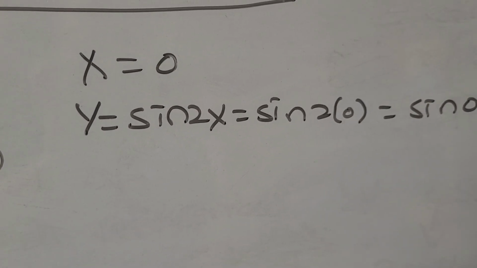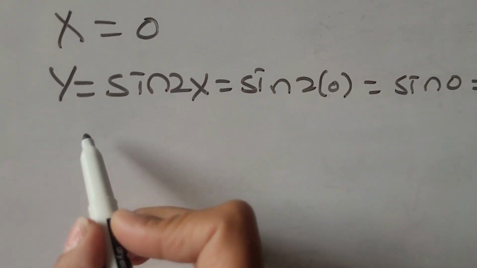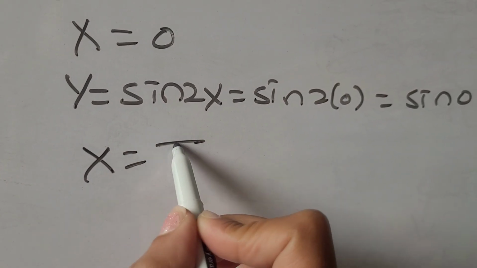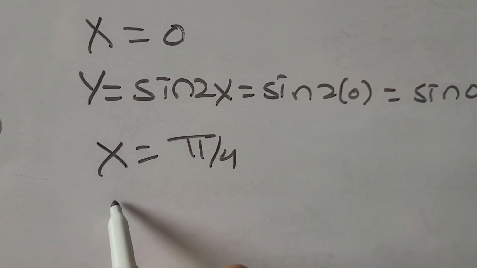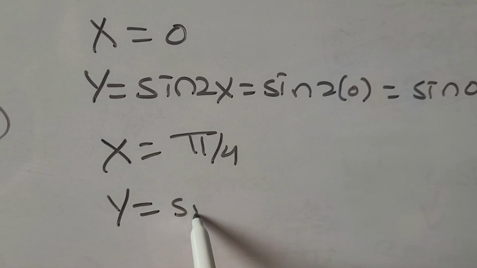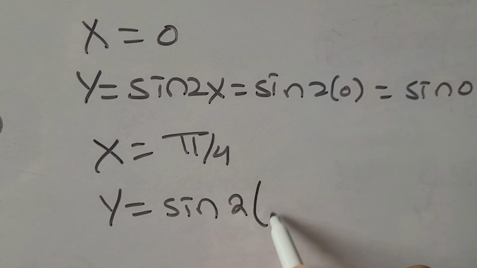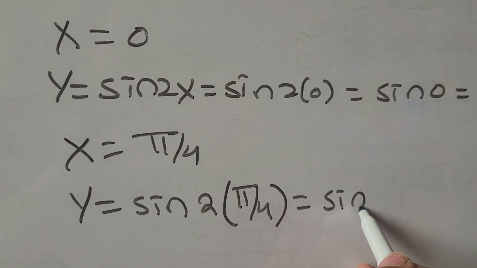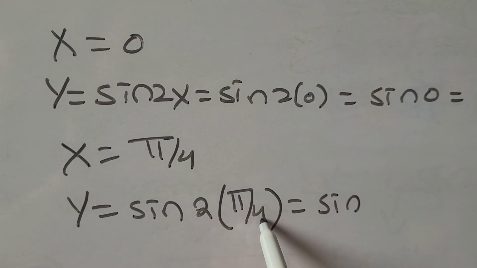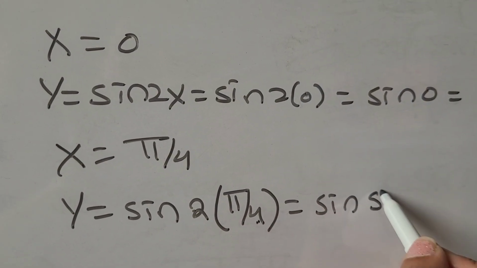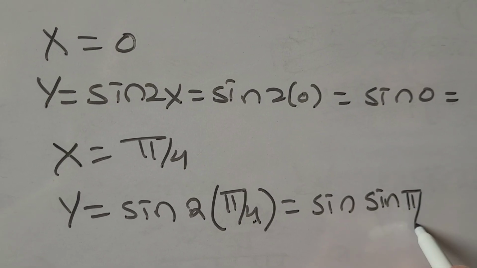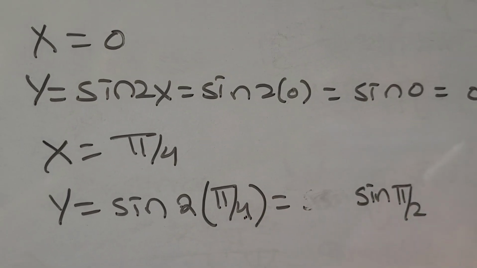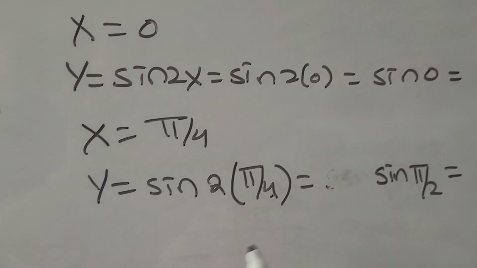Now the second value is x equal to pi by 4. For x equal to pi by 4, y is equal to sine of 2 times x, which is sine of 2 into pi by 4, which gives us sine pi by 2. So sine pi by 2 is nothing but 1.